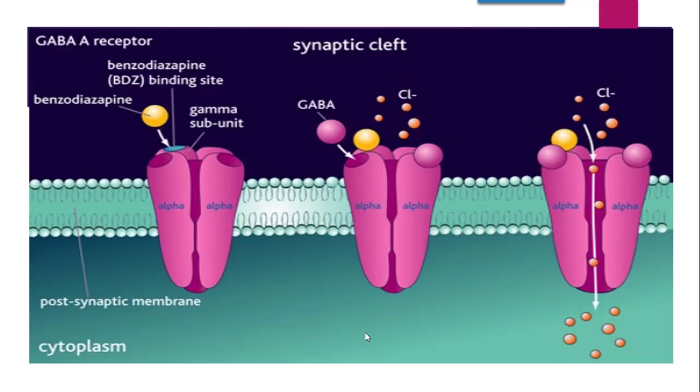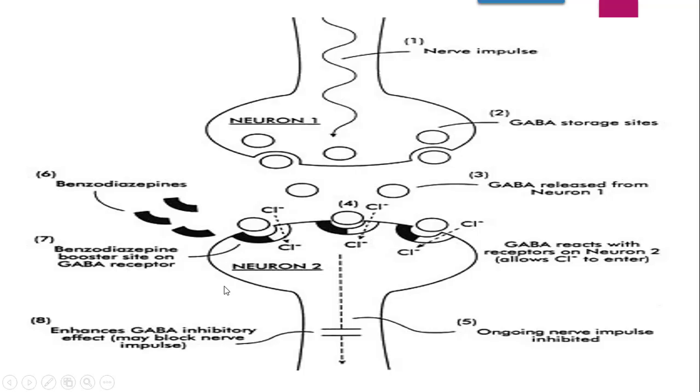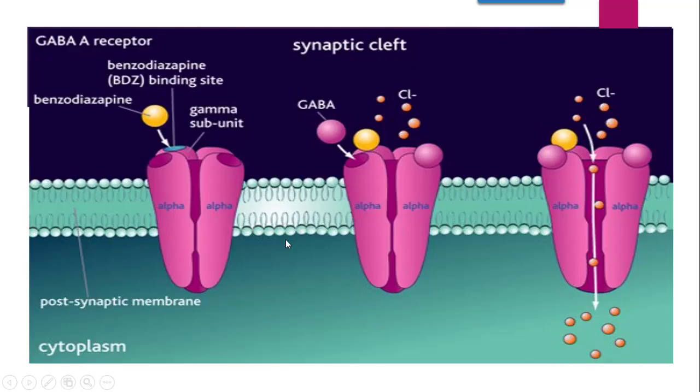Then this is again the pictorial, where in this diagram you cannot understand where they are binding, right? So here we will see this is the receptor, and this is the GABA binding site between alpha and beta. So benzodiazepines will come here. This is the subunit, alpha and gamma, where they will bind. Since they are the positive modulators, when they come into the picture, GABA will show the action.